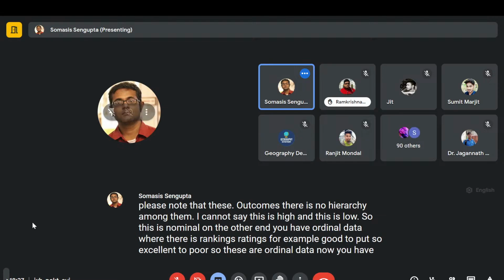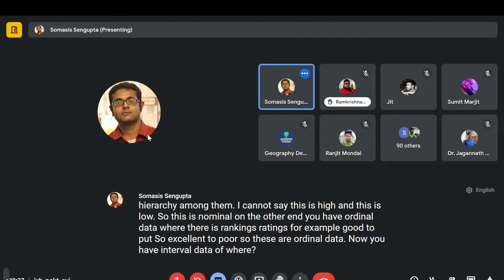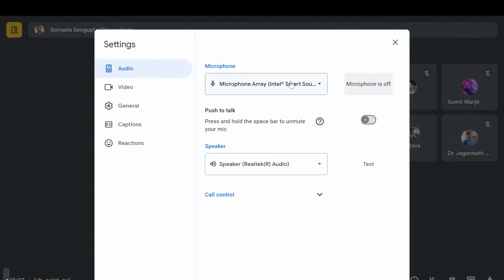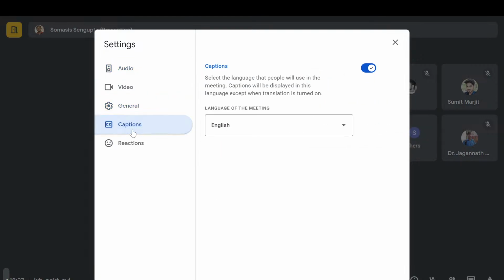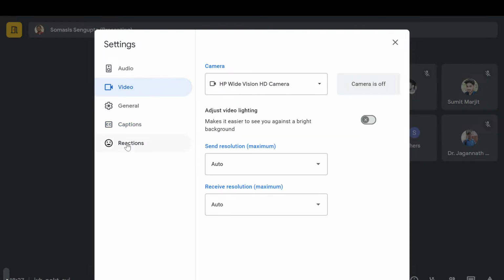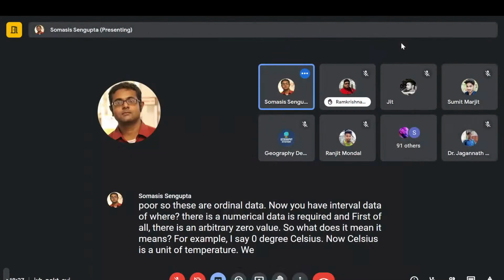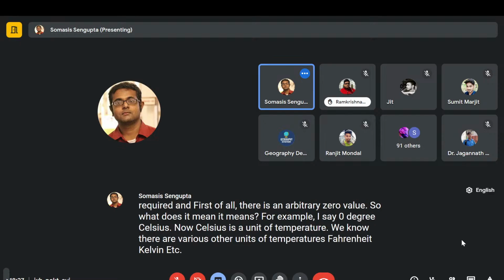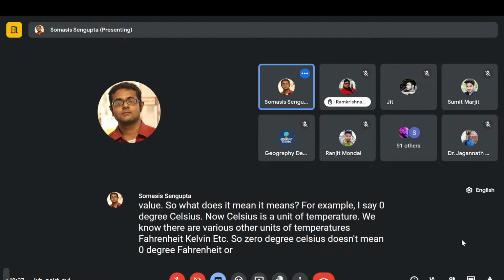Now you have interval data, where numerical data is required, and first of all there is an arbitrary zero value. So what does it mean? For example, I say 0 degree Celsius. Celsius is a unit of temperature, and we know there are various other units of temperature: Fahrenheit, Kelvin, etc. So 0 degree Celsius doesn't mean 0 degree Fahrenheit or 0 degree Kelvin.